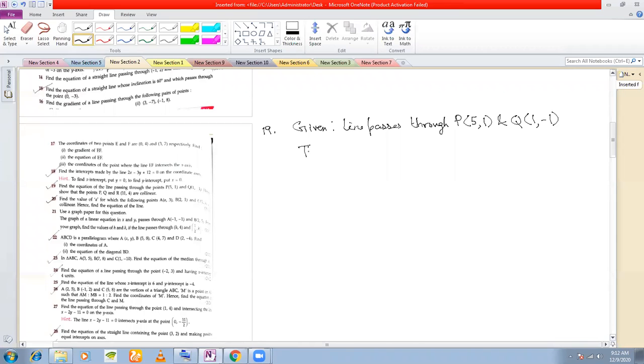The equation of the straight line is, because that is the question. The first question is to find the equation of the straight line. The equation is y minus y1 is equal to (y2 minus y1) by (x2 minus x1) into (x minus x1).